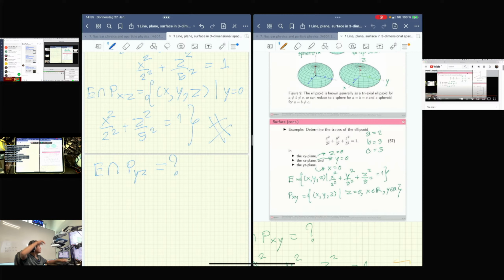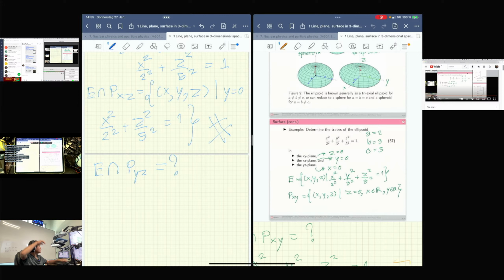Of course, we substitute x equal to 0 into this expression. You're going to get 0 squared divided by 2 squared plus y squared divided by 3 squared plus z squared by 5 squared equal to 1.